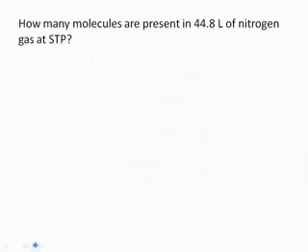All right, now, there's another one. Let's look at what we have. We have a volume there. I have a temperature. Standard temperature is 273. I have standard pressure, which is 1 atmosphere.